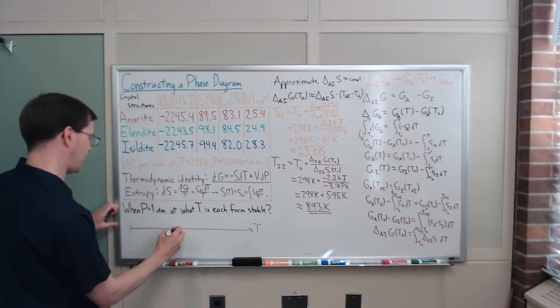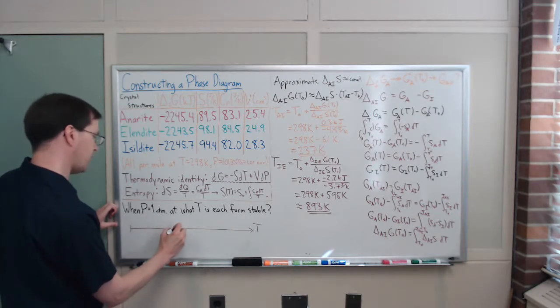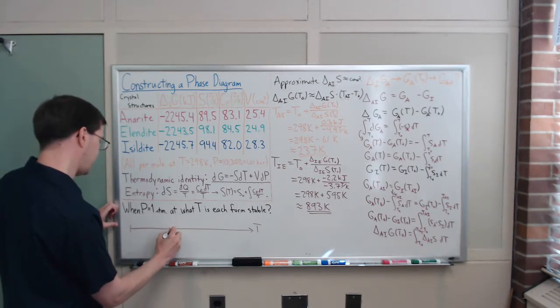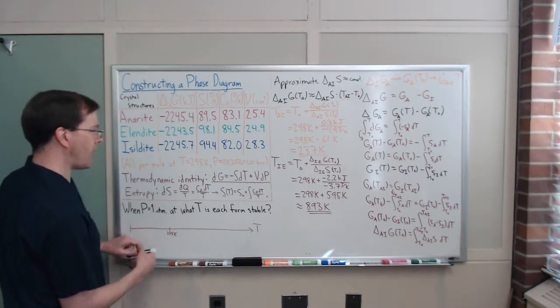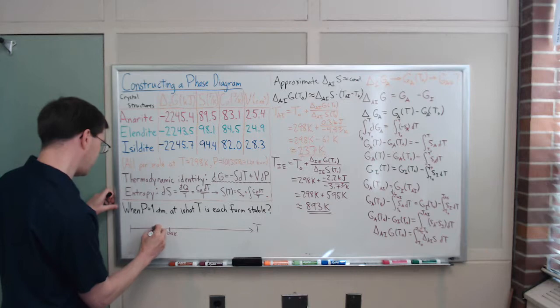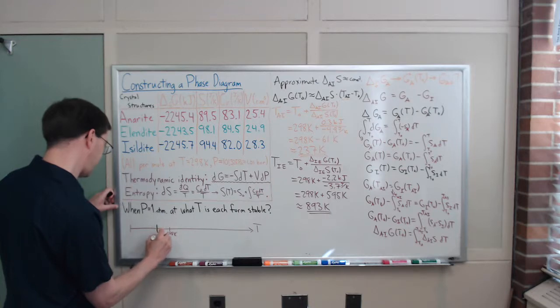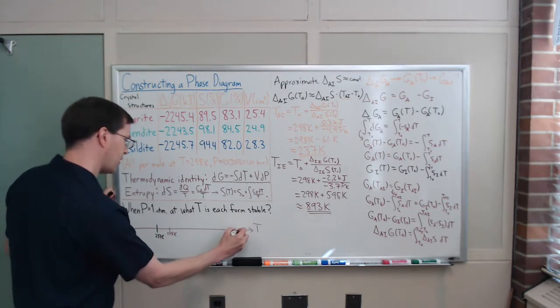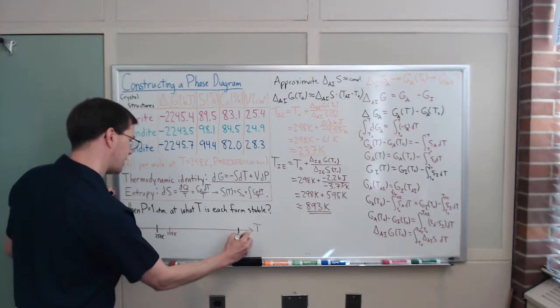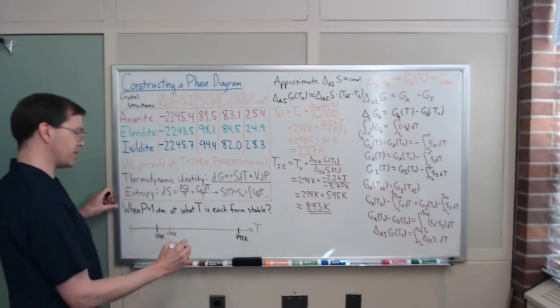If we've got room temperature here of, say, 298 Kelvin, then our boundaries are at 237 Kelvin, somewhere like here, and way up here, 893 Kelvin. We have this boundary.